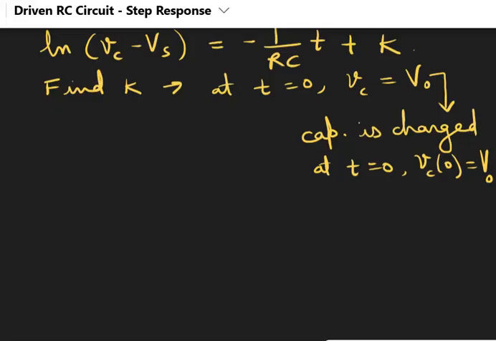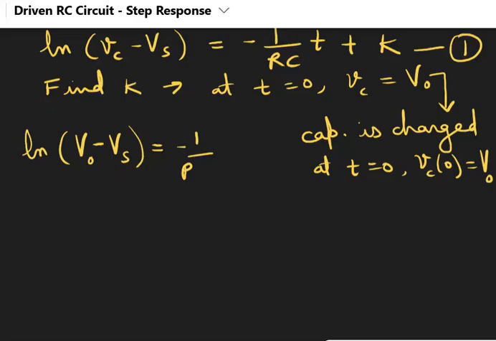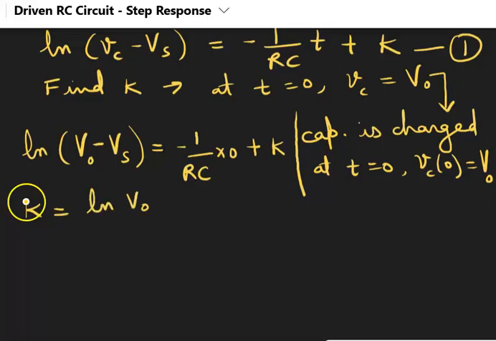So put this in equation 1 and you will get ln(V0 minus Vs) equals minus 1 by RC times 0 plus k. So we can say that k equals ln(V0 minus Vs).